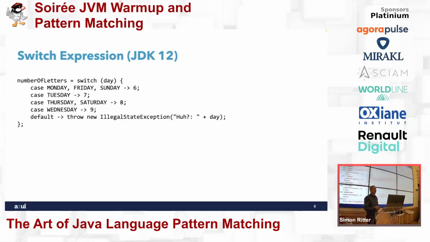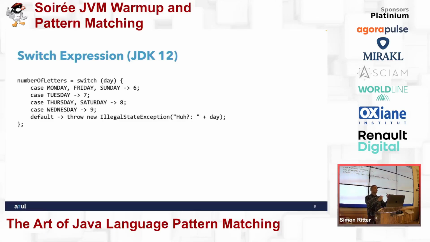To solve that, in JDK 12, we introduced the switch expression. Now, rather than a statement which simply executes a set of instructions, we now have an expression which will execute a set of instructions and generate a return value that we can assign to something.